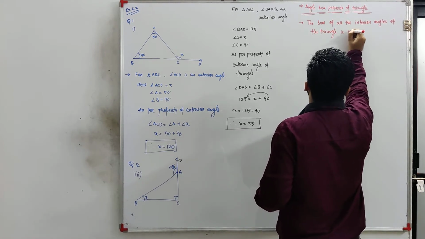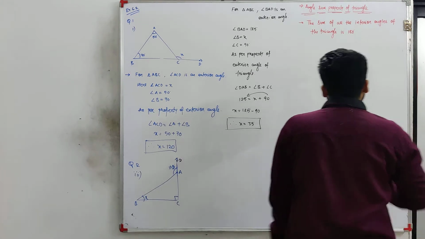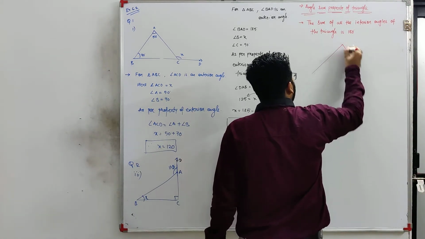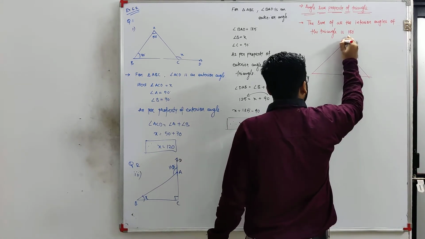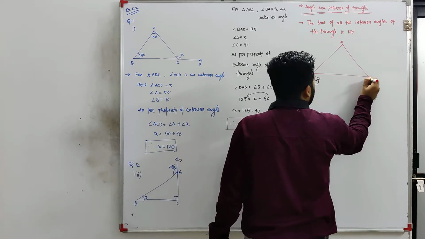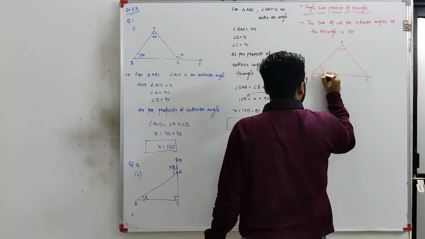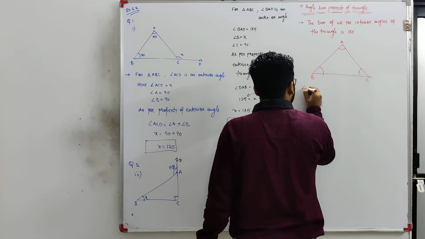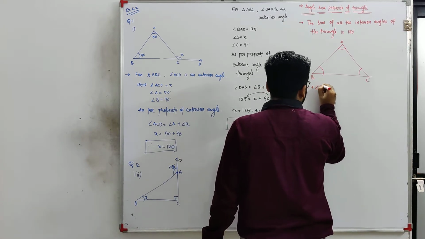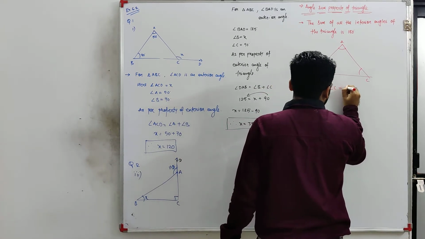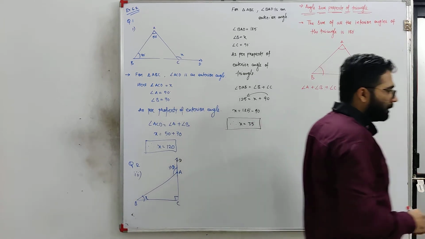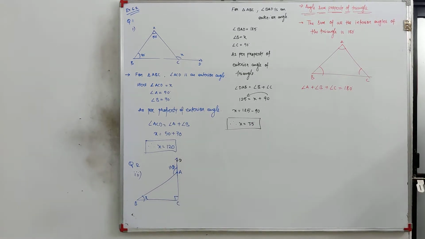It means if I take the triangle ABC, then angle A plus angle B plus angle C is equal to 180 degree. So this is the new property of the triangle.